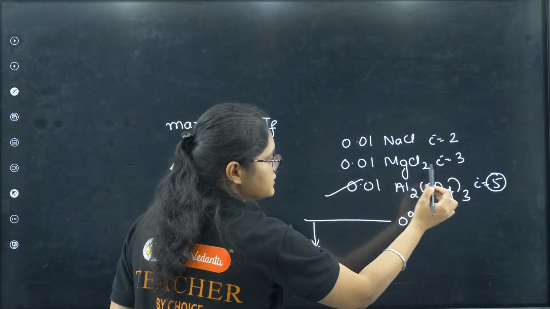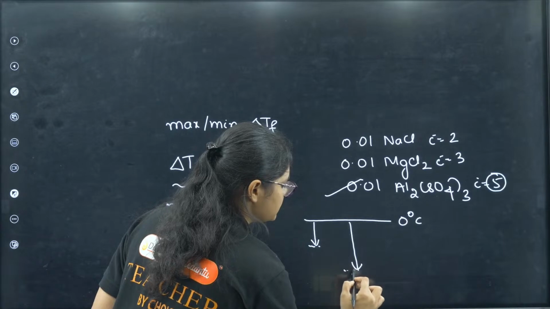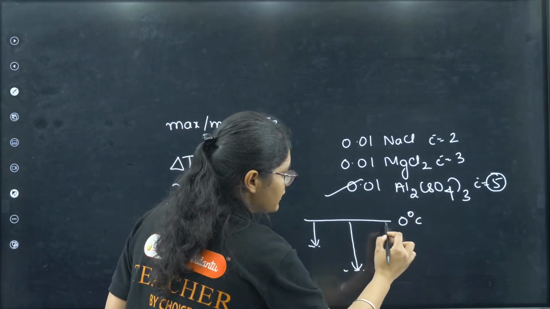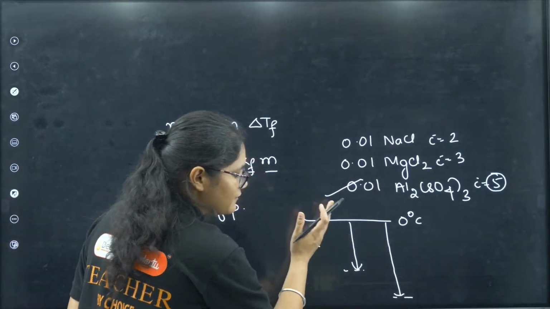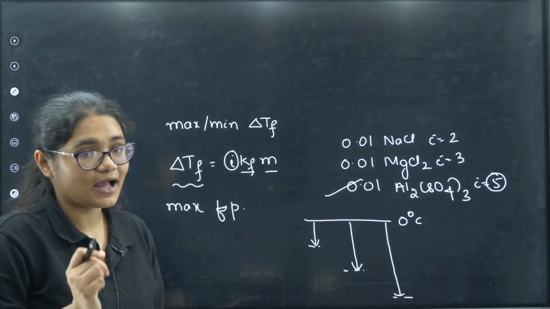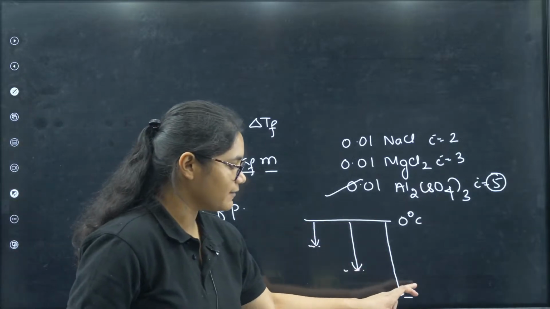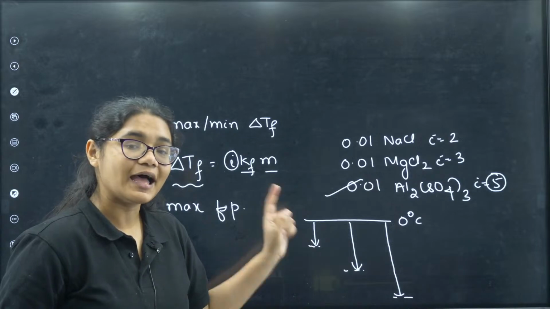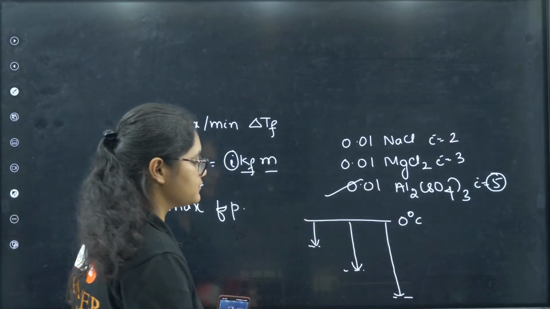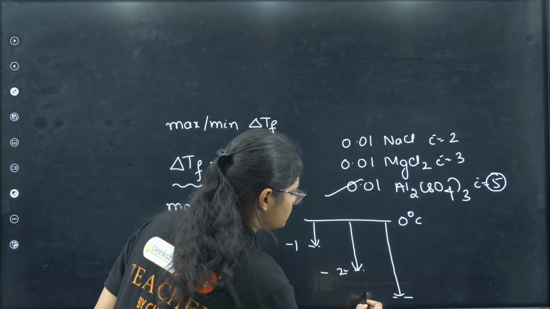Now the i value is 3 in this one, so here the depression is a little more. Here the i value is 5, here the depression is up to this one. So now if you see, this one is having the lowest freezing point, and the one where the depression is minimum will have the highest freezing point. Like this one will become, suppose, -1, -2 and -3.